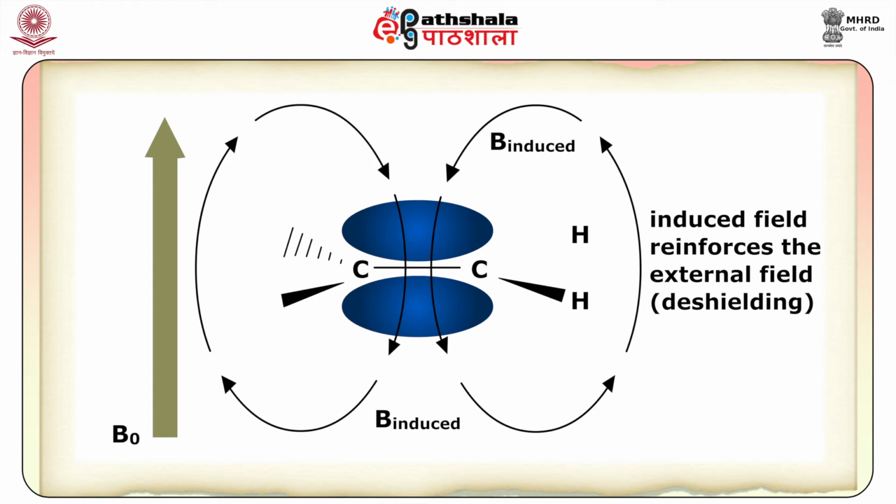As a result, the induced magnetic field caused by the circulation of pi electrons is in the opposite direction of the applied magnetic field, that means diamagnetic, around the carbon atoms and in the direction of the applied magnetic field, that is paramagnetic, in the region of olefinic protons. Therefore, olefinic protons experience greater field strength and consequently resonate at larger value of chemical shift. This is clearly described in the figure that is shown here.